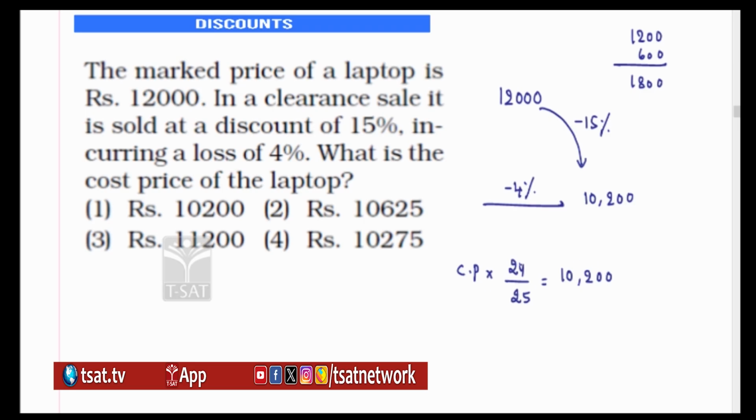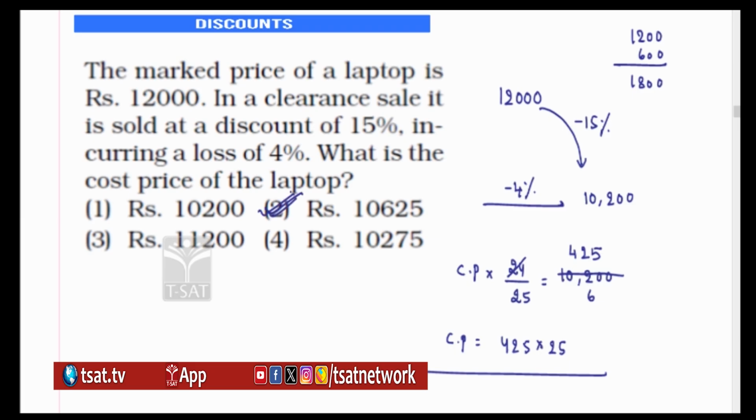We can cancel it in 24 table. 24 4s are 96. 600 is left, that is 24 25s are 600. So CP is equal to 425 into 25. So you can find out the multiplication of it and then you will get the answer as this.